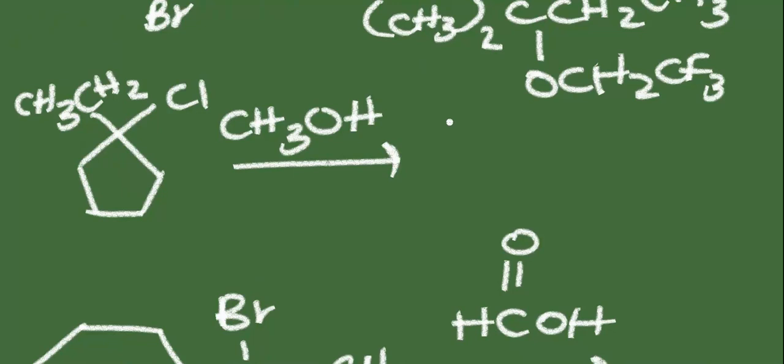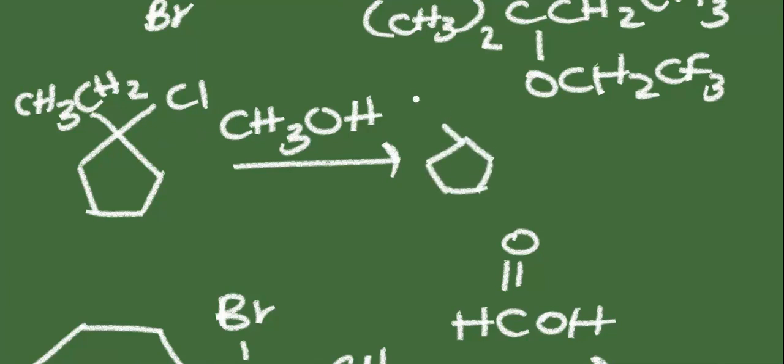Alright, on to the next problem. Here we have a cyclopentane that has 2 substituents on the first carbon if we were to use IUPAC nomenclature. So our leaving group is our chlorine. That carbon right there is our alpha carbon. So we're going to have a product that looks something like this.